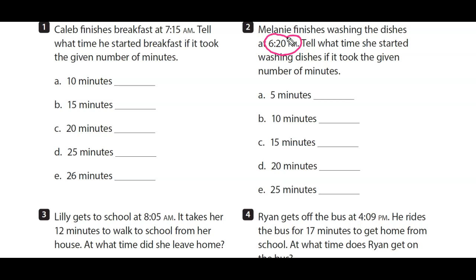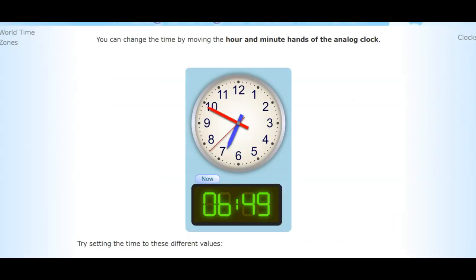Tell what time she started washing dishes if it took the given number of minutes. All right. Let's go back to this. What time did she start? 6:20. And how many minutes is the first one? 5. Gotta go backwards.